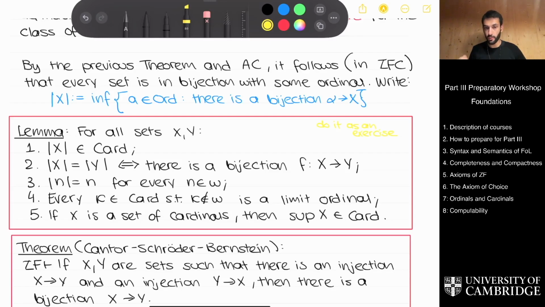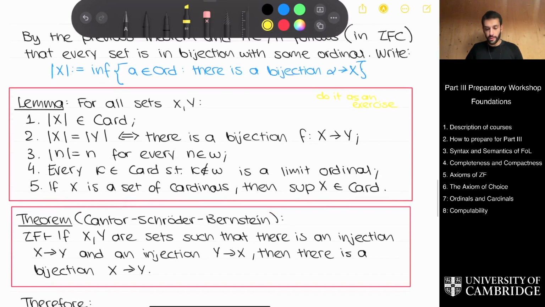That would mean that infinite cardinals could not be successor ordinals; they would have to be limit ordinals. The last point in this lemma says that if X is a set of cardinals, then the supremum of this set will not only be an ordinal, but in fact a cardinal. All of these are not difficult to show.